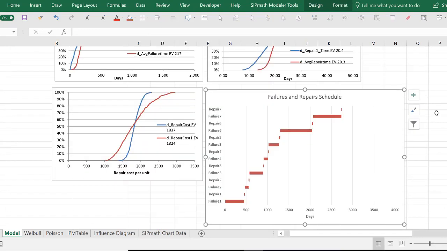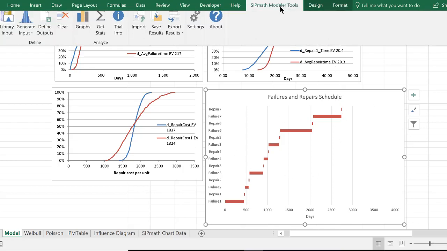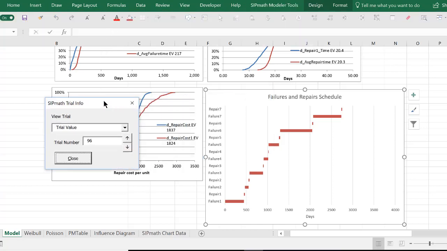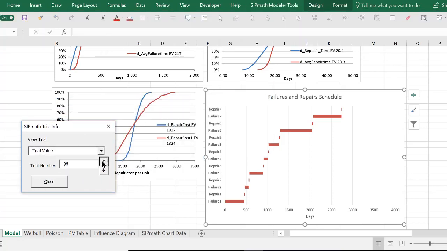As we come down further, we can see the failures and repair schedule that I showed in one of the slides. With SIPmath, we can look at a number of different trials. So over here, I went to the SIPmath tools, get trials, and then we can just scroll through 1,000 of these if we so choose, and you can see they're changing over time.